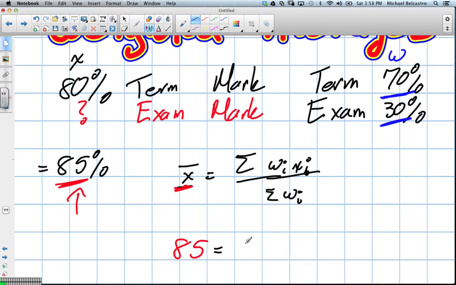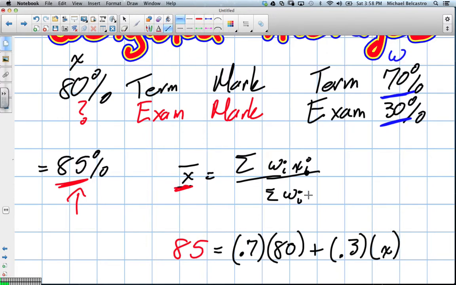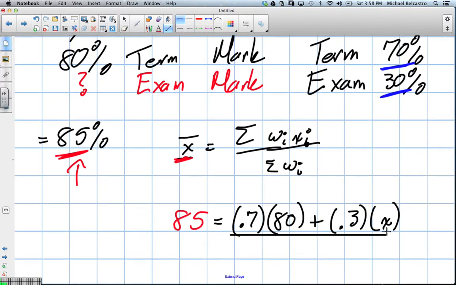Our weight of 70, so we'll call it 0.7, and our X in this case is 80%, our grade of 80. Plus, because this means sum of, our 0.3 times our X, which is our unknown. And then it's all divided by the sum of all the weights, which is 0.7 plus 0.3.